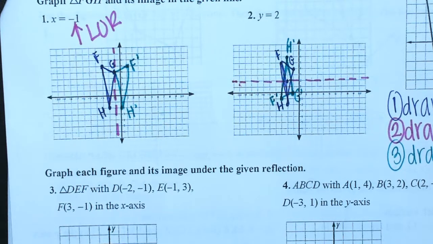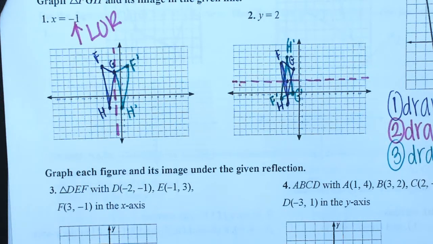So your line of reflection is horizontal. Okay?